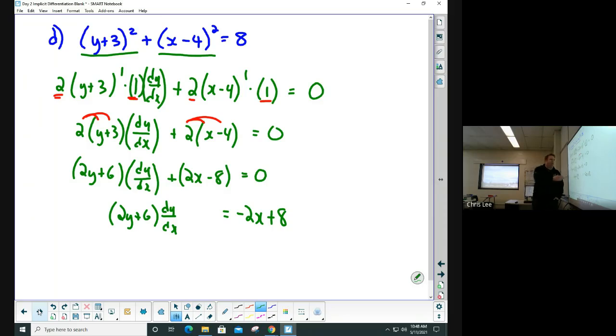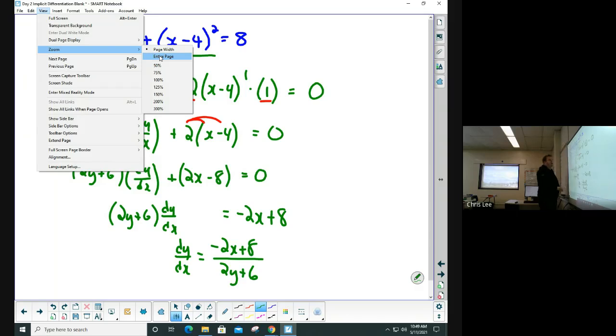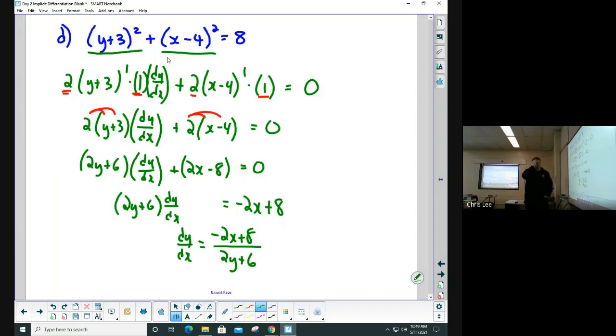Now I have something being multiplied by dy by dx, so I divide. And there is the dy by dx, the derivative of this one. So really, all these examples are just showing you that the same differentiation rules we learned last unit apply in implicit differentiation when your variables are slightly different.